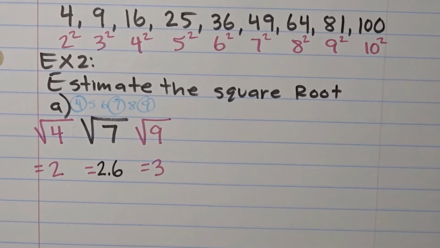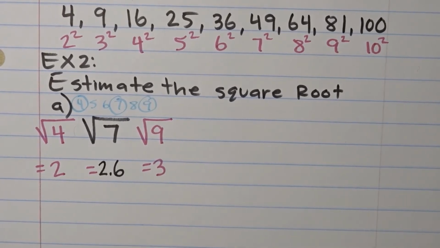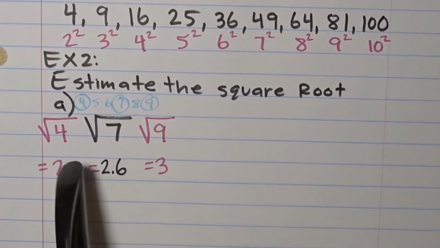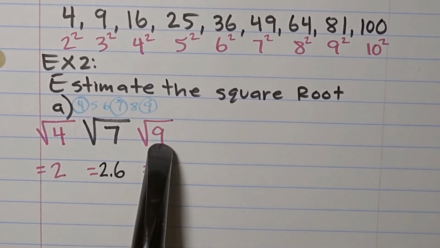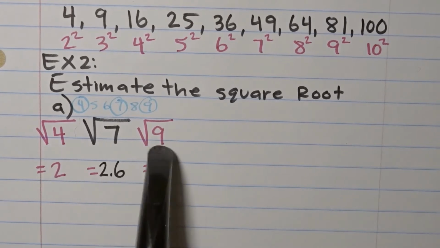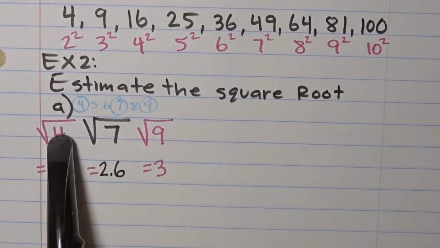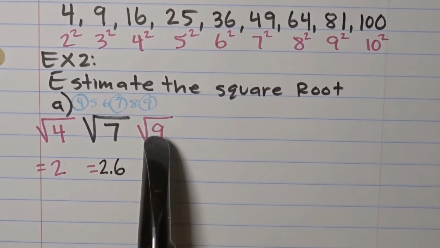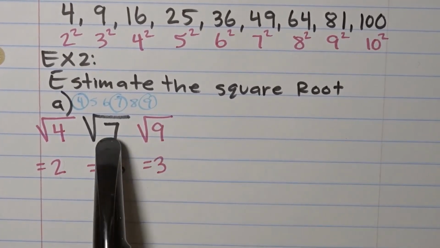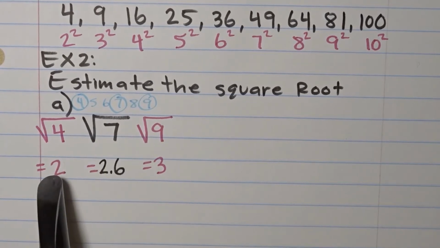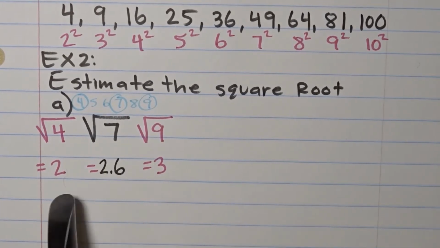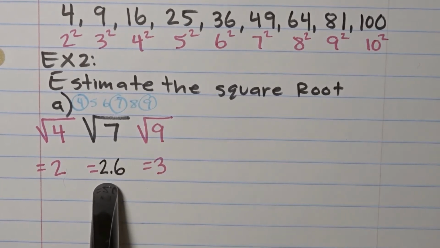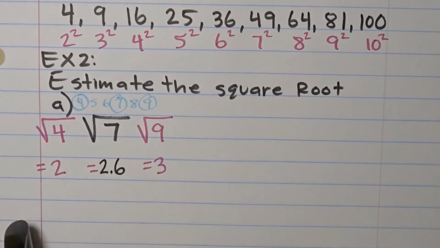All right, so the idea is this. You have 7, and you know it's between 4 and 9. Why are we using 4 and 9? Because we do know that 4 is a perfect square that comes out as a whole number 2, and 9 is a perfect square that has a whole number answer of 3. So 7, since it's in between, must be some number between 2 and 3. I could say 2.5, but that would be assuming that it's perfectly in between 4 and 9, right in the middle.